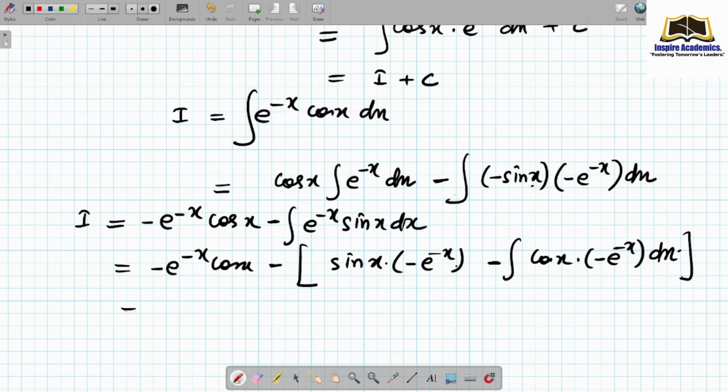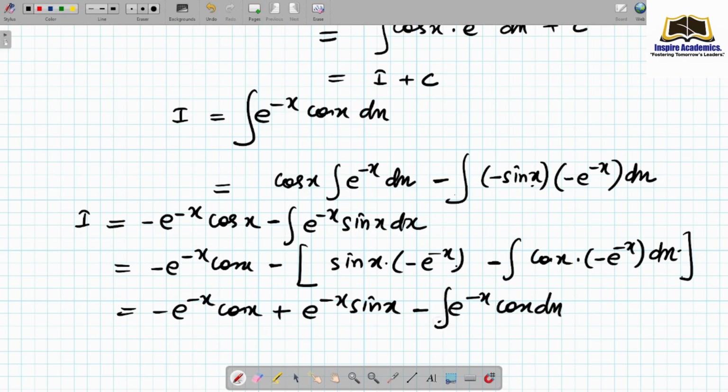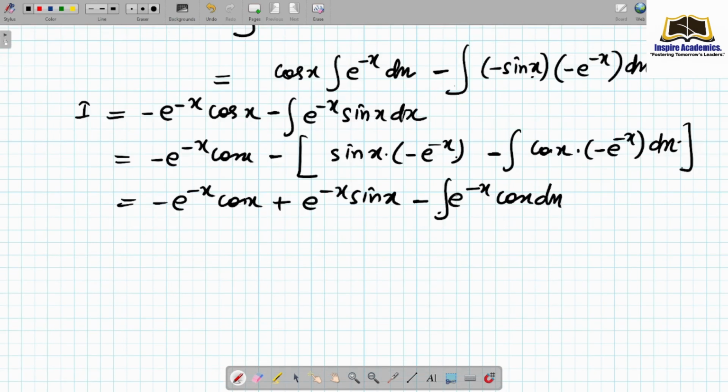We will further have negative e minus x cos x, positive e minus x sin x, and then negative e negative x cos x dx integration. Minus minus plus, when you further multiply by minus, the final will be minus.